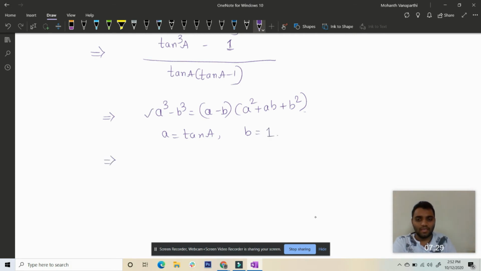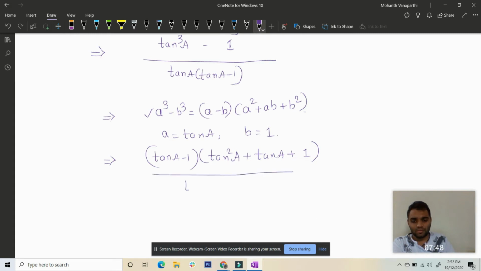Applying the identity, we will get tan A minus 1 into tan square A plus tan A plus 1 divided with tan A into tan A minus 1.